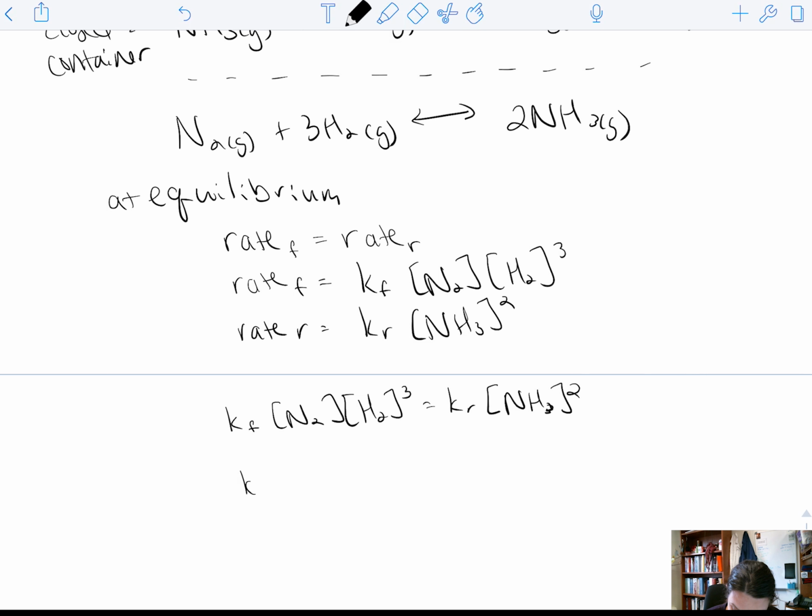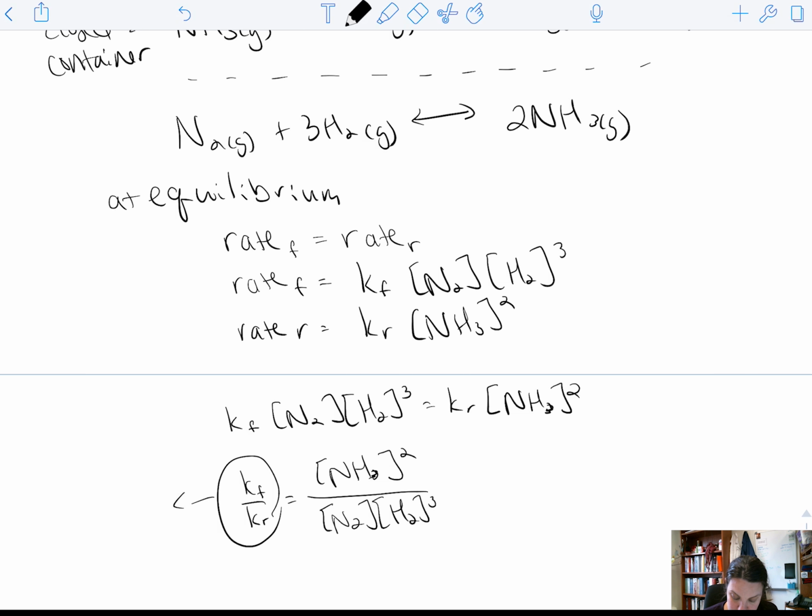So I'd say Kf divided by Kr is equal to [NH3]^2 over [N2][H2]^3, where this is a constant, and this relates our concentrations within this reaction, or within this equilibrium.